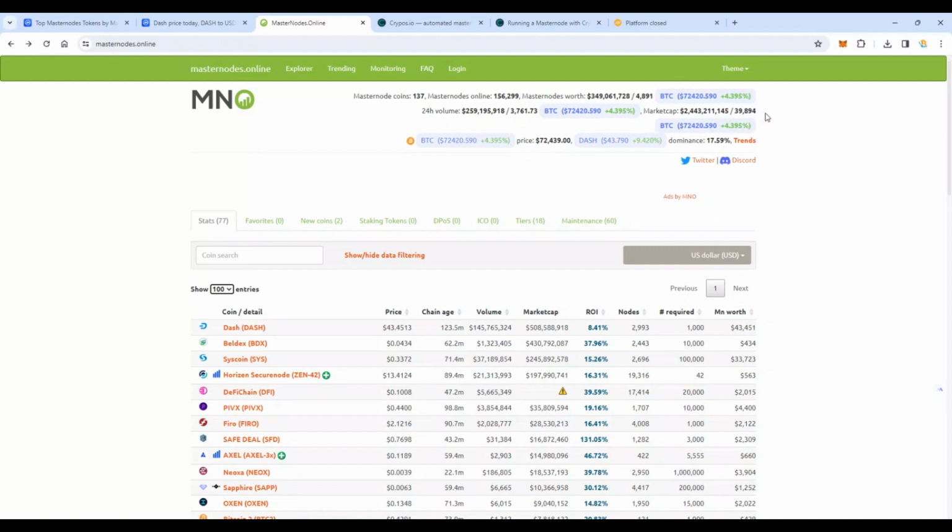And you can see that market cap is equivalent to 39,894 Bitcoin. Right. Now, as far as the dominance is concerned, you can see they dominate almost 17.59% in respect to other narratives.